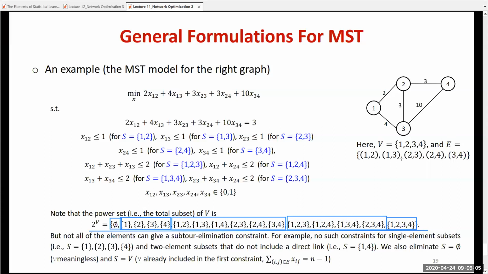Including 1 element, we have 4 choose 1. Including 2 elements, we have 4 choose 2. Including 3 elements, we have 4 choose 3. Including 4 elements, we have 4 choose 4, plus the empty set, which is 4 choose 0. So what we have is actually this. Let me add it.